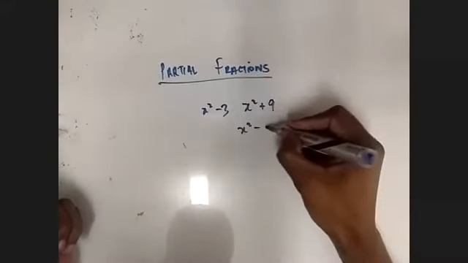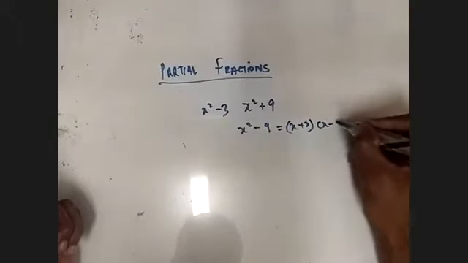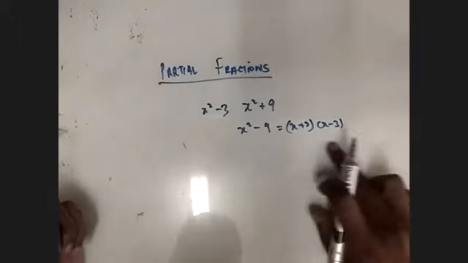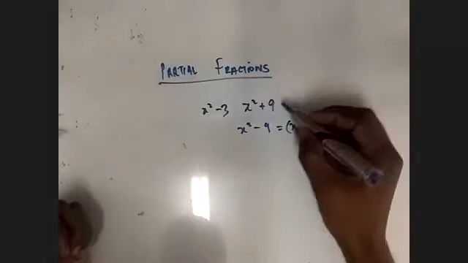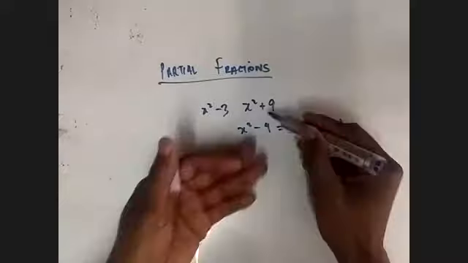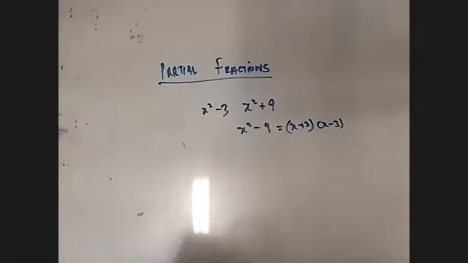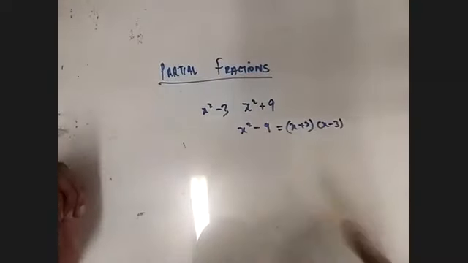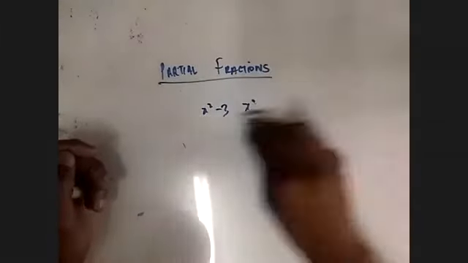But if I'm given x squared minus 9, this can be reduced into x plus 3, x minus 3, okay? This is a reducible quadratic factor. But x squared plus 9 is an irreducible quadratic factor because there's nothing else we can do from that. So we are going to deal with polynomials that can be decomposed into linear or irreducible quadratic factors. I've said that 3 times.